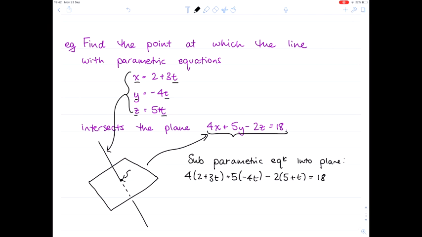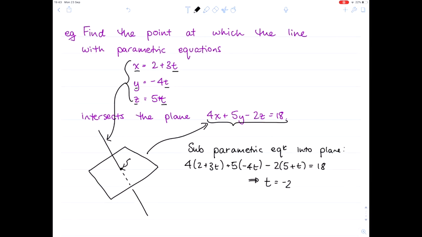And so if you work that out, you'll discover that the value of the parameter at that particular point is minus 2. So if we go back to our parametric equations, we get x is equal to 2 minus 6, which is equal to minus 4, y is equal to 8, and z is equal to 3. So the point minus 4, 8, 3 is the intersection that we're looking for.